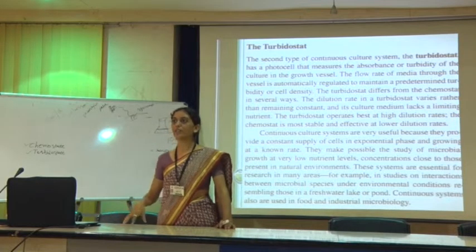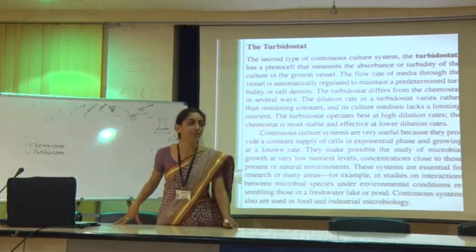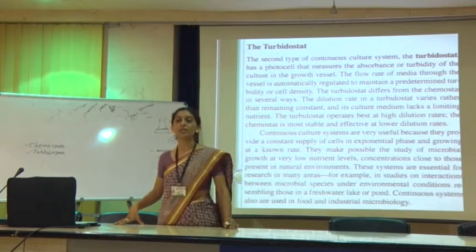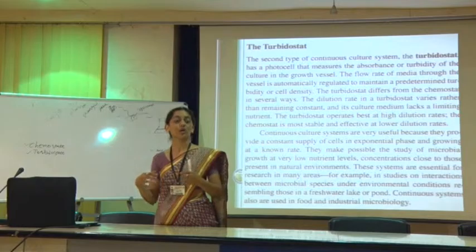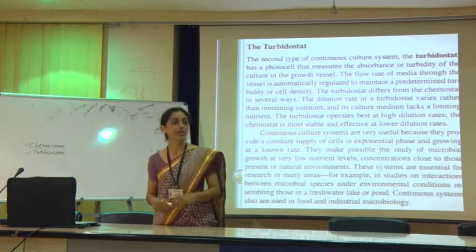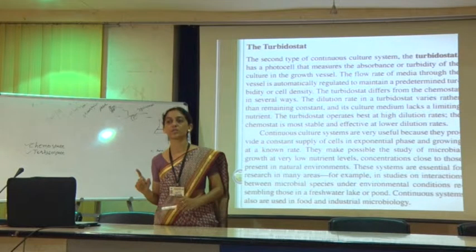Okay, so for that you need to study even enzyme kinetics, you need to study the temperature kinetics, all these factors together will help you to make the continuous culture.